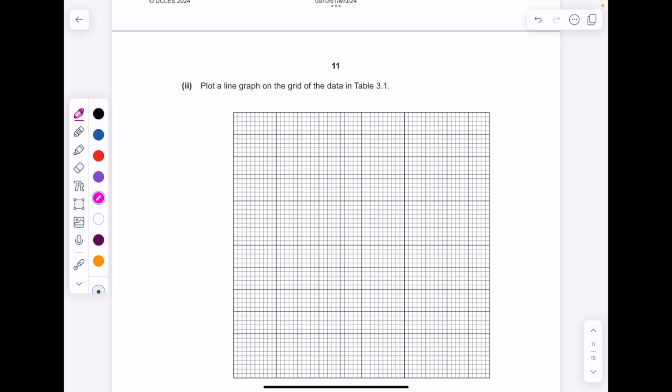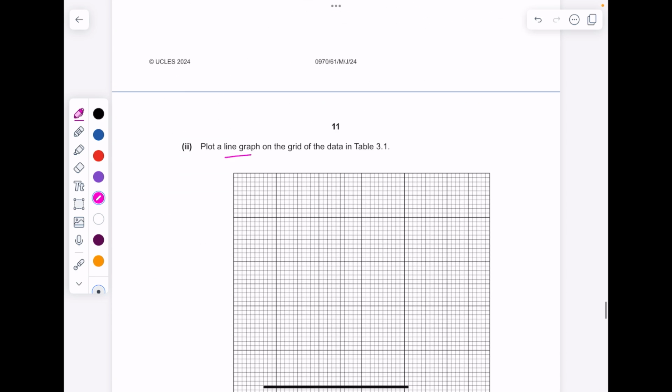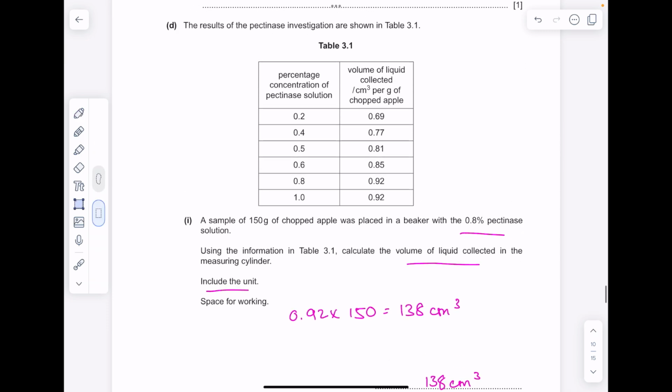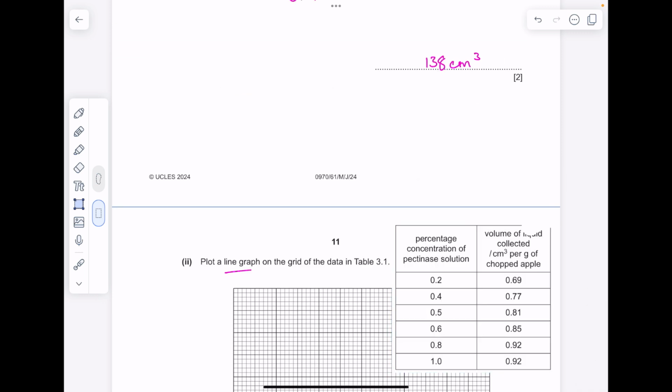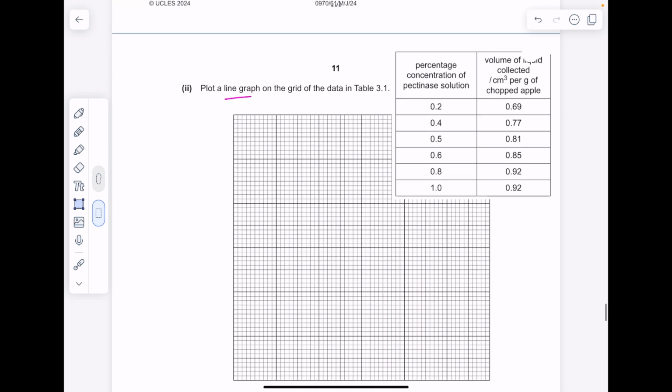Plot a line graph on the grid of the data shown in table 3.1. I'm just going to steal this down here so I can see it. Let's pop it there. So remember that your independent variable, so what you change, goes on your x-axis, whilst what you measure, your dependent variable, goes on your y-axis.